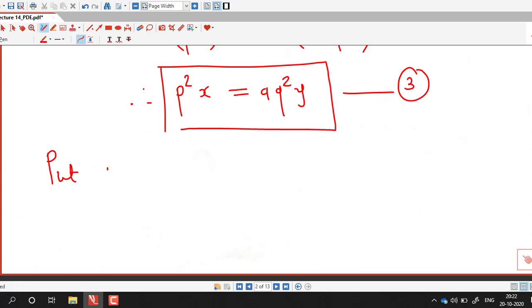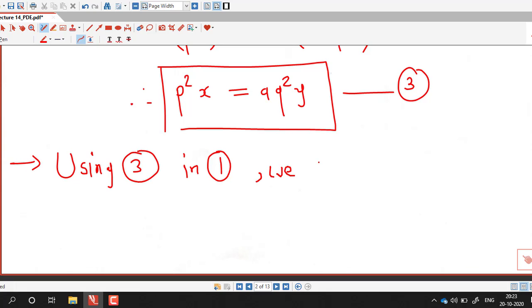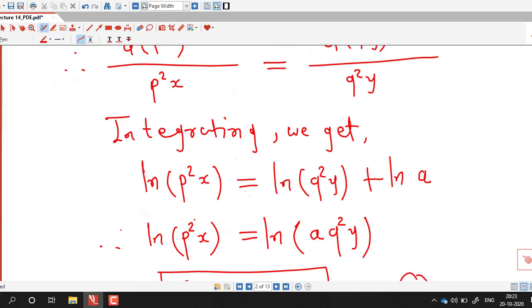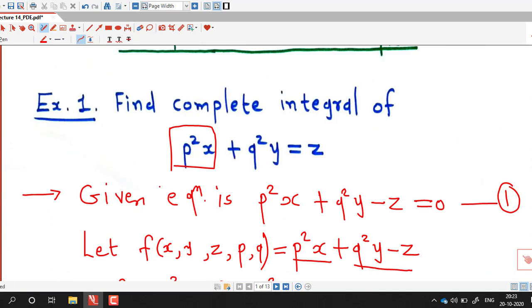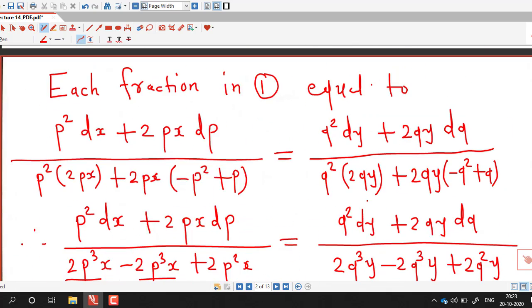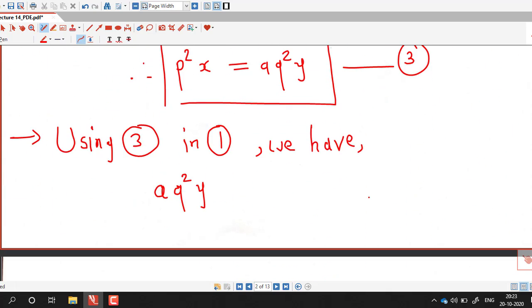Using equation number 3 in equation 1, we have equation 1 as p square into x, so we put p square x equal to a into q square y. The given equation is p square into x, so this is replaced by a into q square y, plus q square y minus z equal to 0. So here we write plus q square y minus z, which is 0.